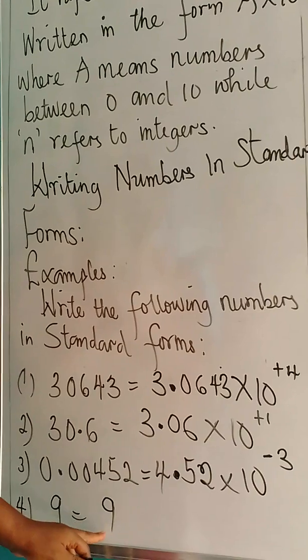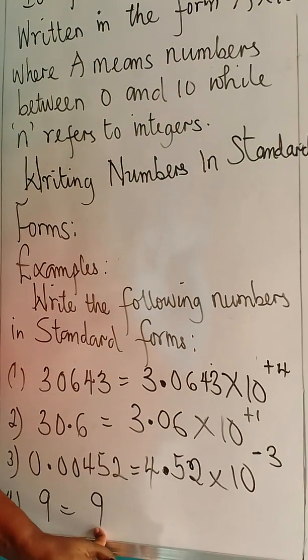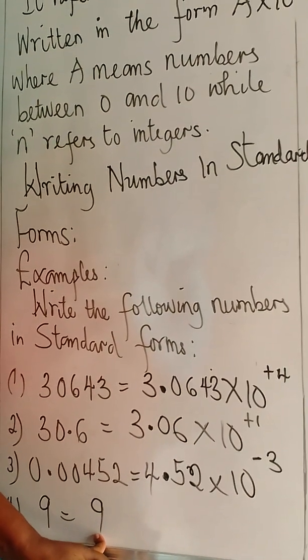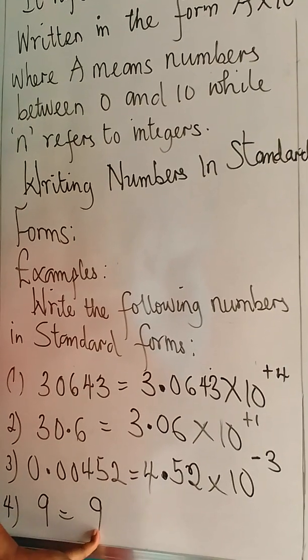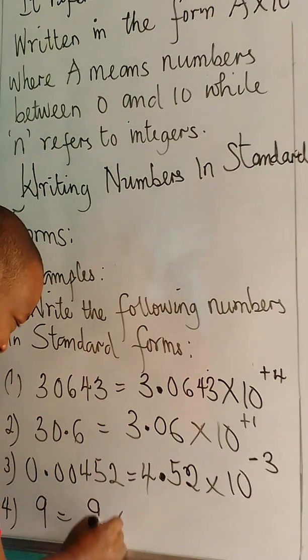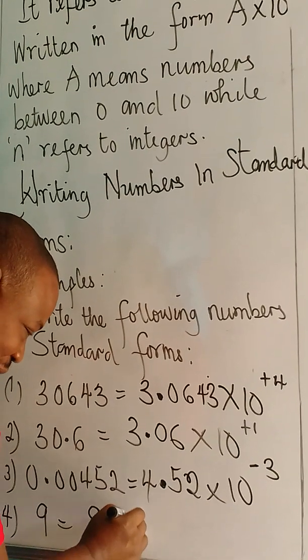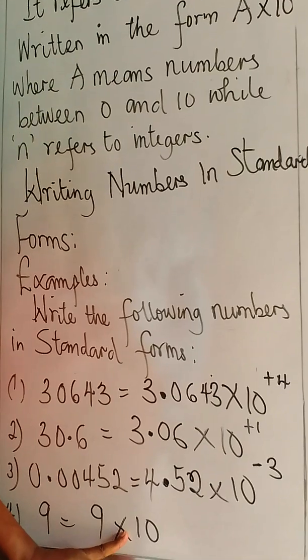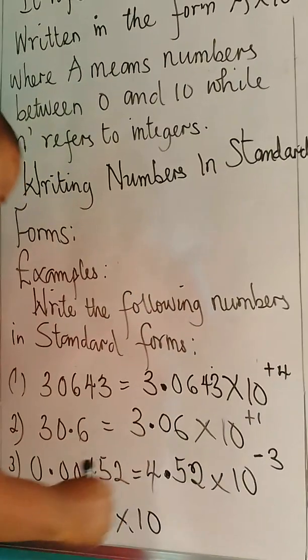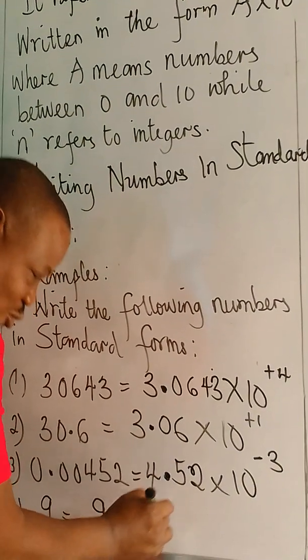Having said that, would you say this is standard form? No. It is still ordinary form. It becomes standard form immediately you bring in the other part of the definition that says times 10 raised to power. What do you think this will be? It becomes 0. Why?